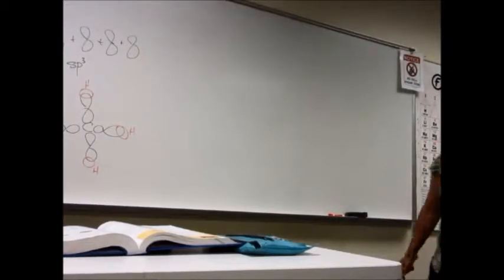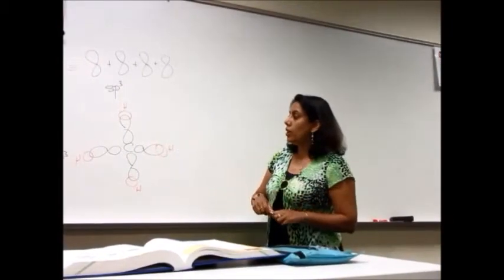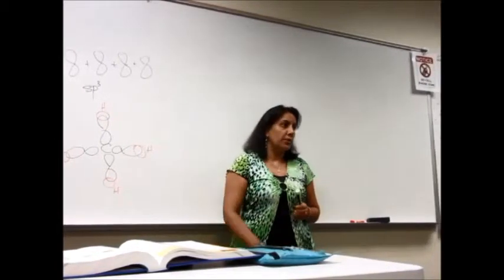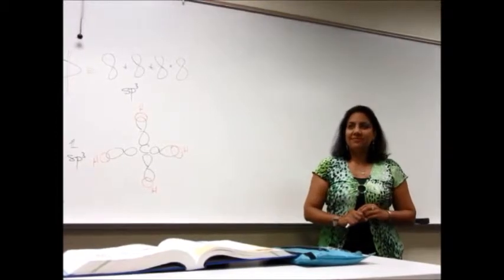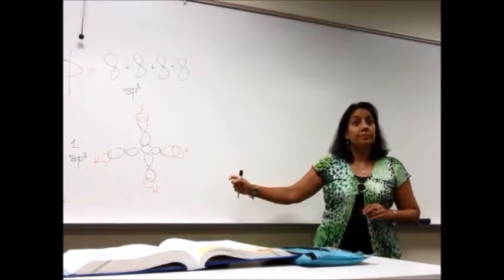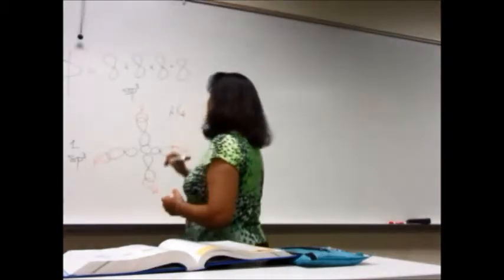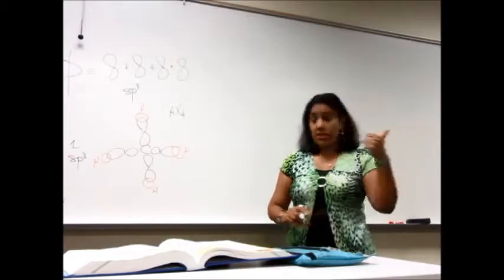The way you would do that, because there are certain things that don't change for this molecule. So first of all, what is the AX formula for this? AX4, that has not changed. So it's still AX4, which means that the geometry is tetrahedral.